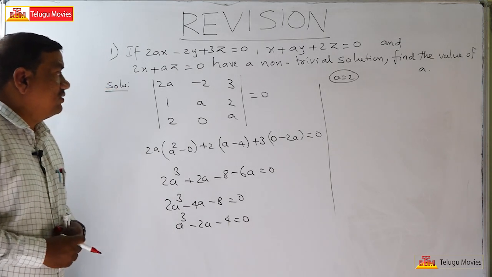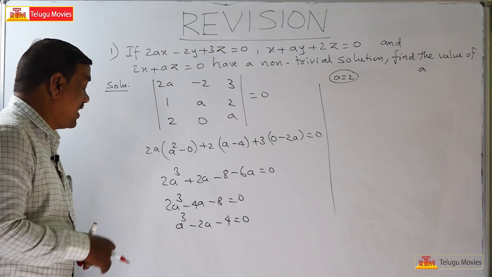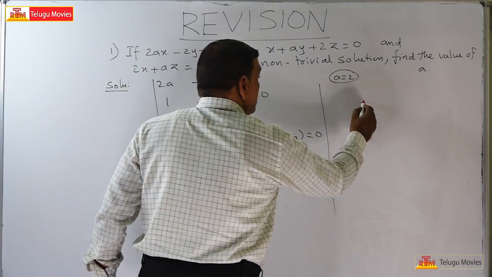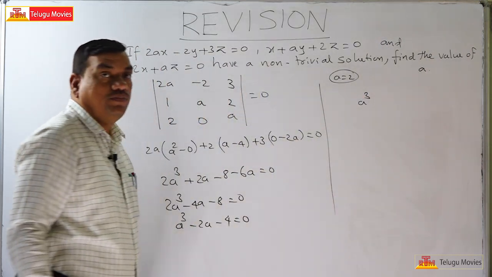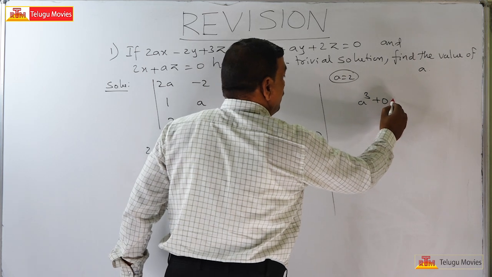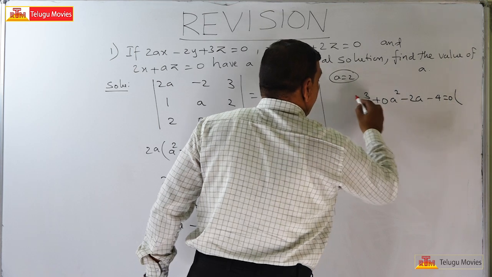What about the other values? For that, divide: a cube plus 0 a square minus 2a minus 4 is equal to 0, since the square term is not there.